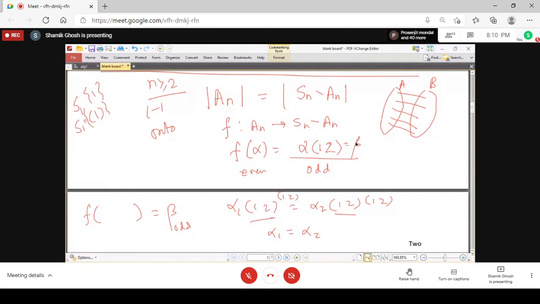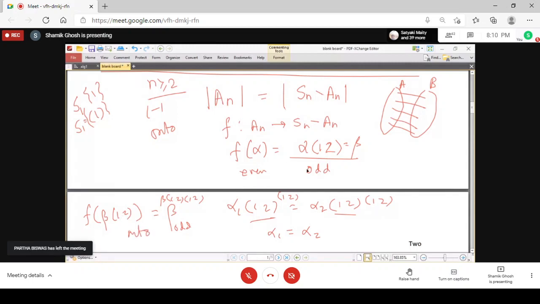If beta is alpha times 1-2, then what is alpha? We can multiply again by the inverse of 1-2. So it is just beta times 1-2, because then its image is beta 1-2 1-2, and that is equal to beta. So you see that it is onto.